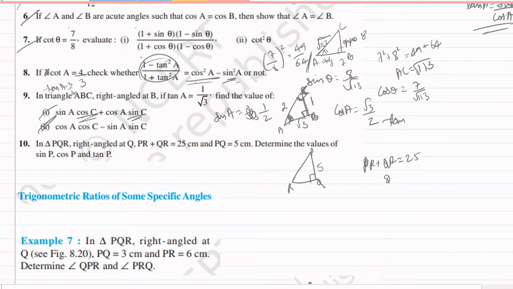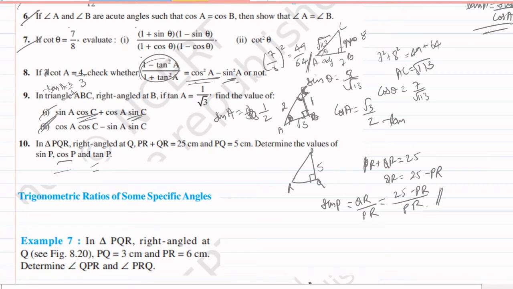So QR is equal to 25 minus PR. Sine P is equal to QR divided by PR. PR is our hypotenuse. So it is 25 minus PR divided by PR. This is sine P. Same way, find cos P and tan P.